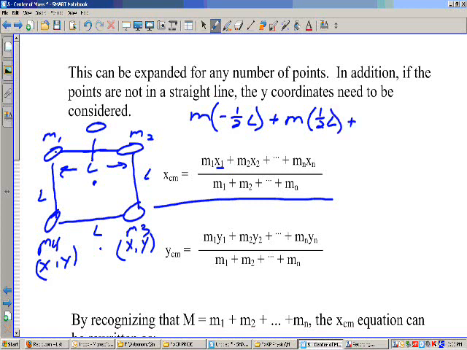I'm going to add to it my x coordinate for mass 4, which is just M, and if I extend this down, this is negative 1/2 L away from my origin.